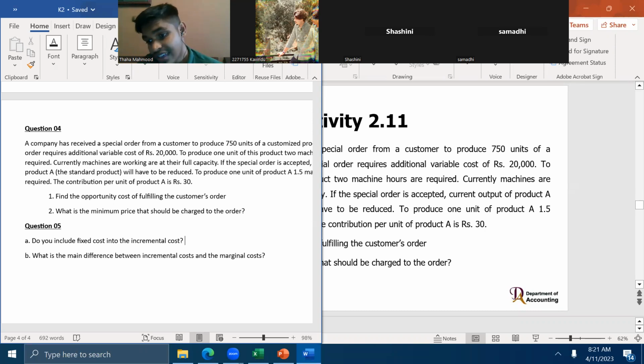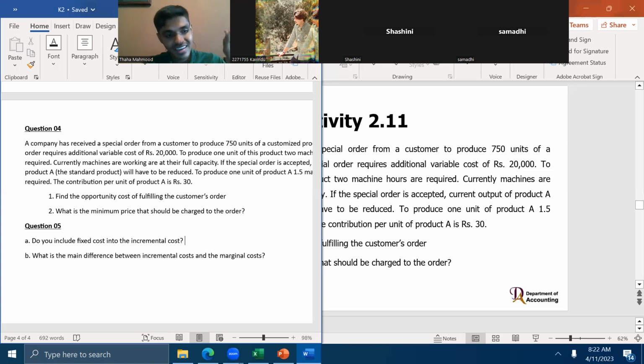Economics වල marginal cost කියන්නේ the total opportunity cost of producing one additional unit. Relevant cost කියලා අපි ගන්නේ the total cost; we are not limiting it to one additional unit. We can take a group of units. That's the difference between relevant cost and marginal cost.